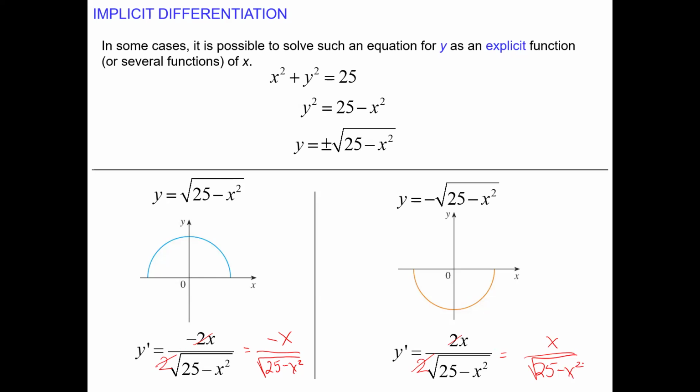That's the derivative. And we of course have the domain only between negative 5 and 5, because we have the square root. Automatically we can say the domain for this function is the interval between negative 5 and 5.